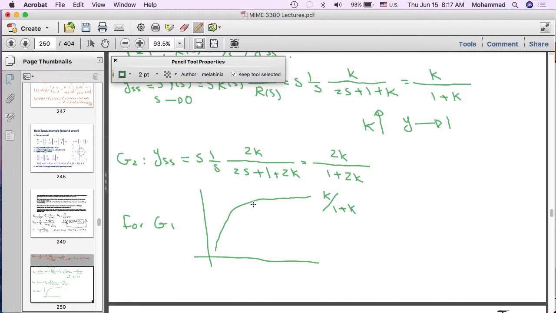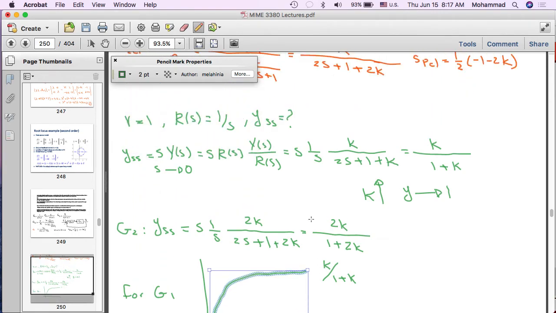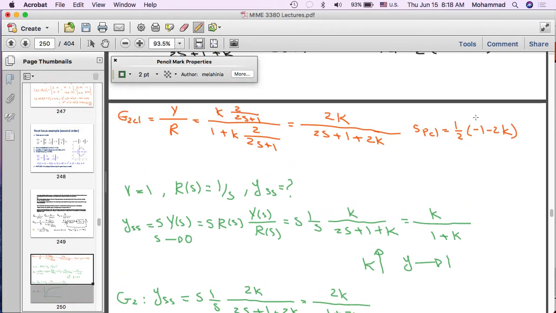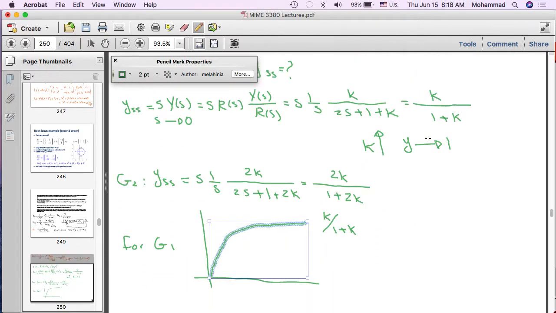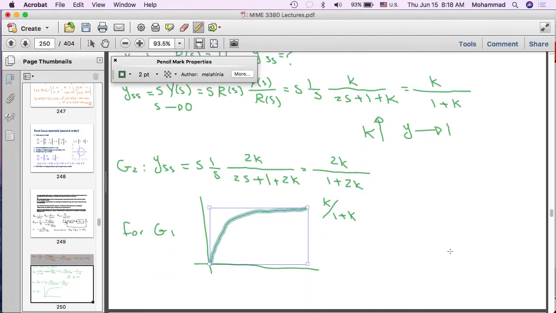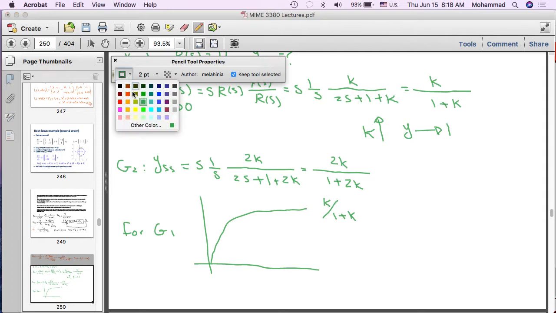And the effect of k, if you look at the pole of the closed loop, is that as k increases, the pole of the closed loop moves farther to the left. So if this is for k1, and k increases to a different number, let me switch colors so we can distinguish.